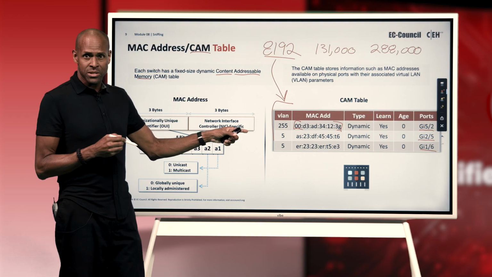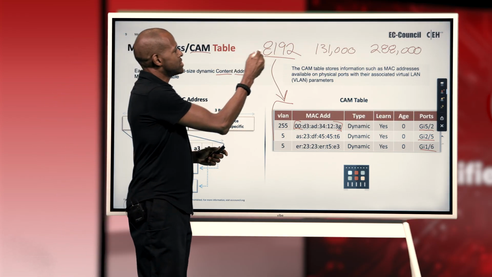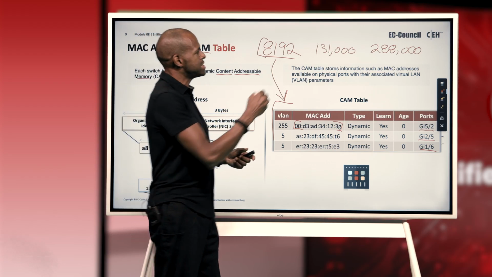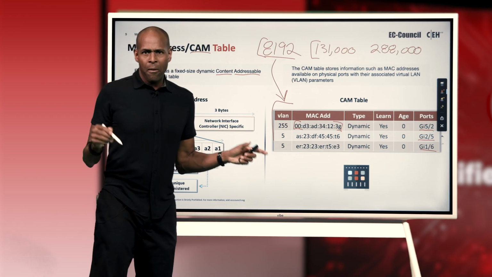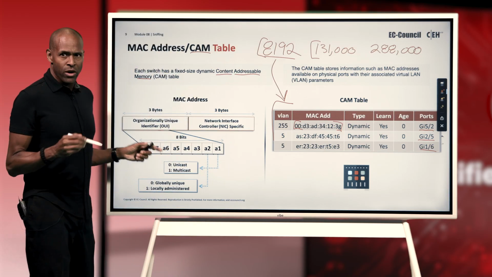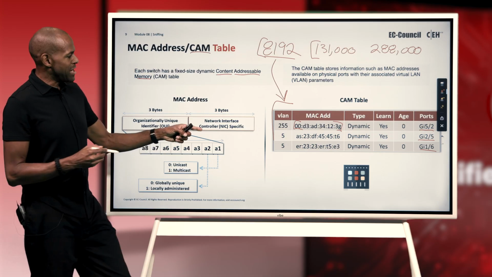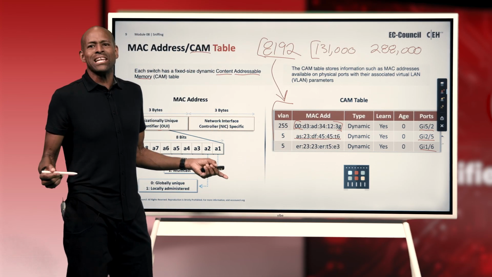Now, most switches that you're going to be hacking are going to be workgroup switches that are set to 8,192 unless the network engineer decided to set it up to 131,000. So that MAC table is never going to get full from normal operations. Because if you have an entry in the table that hasn't been used in a long time, it's going to age out.